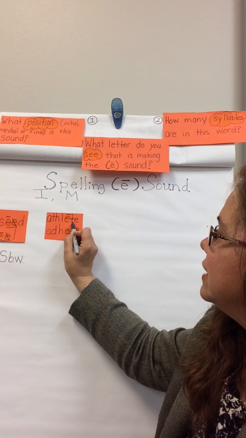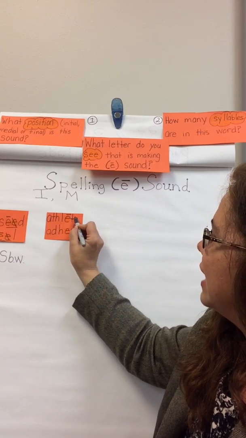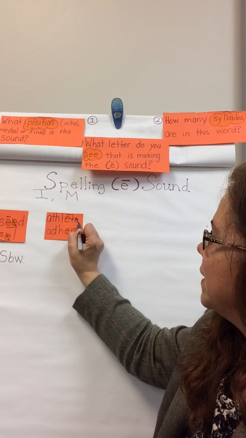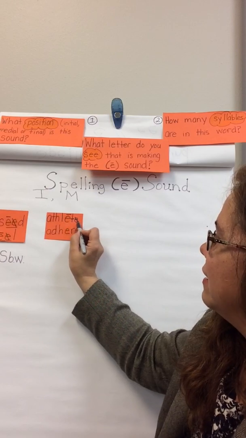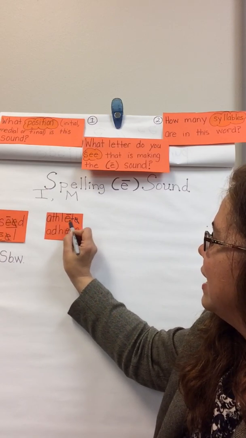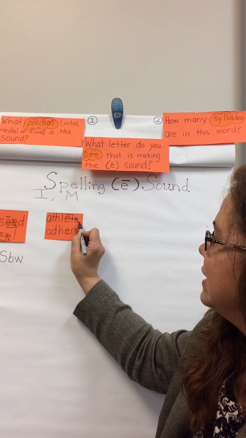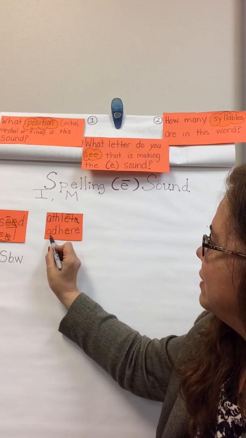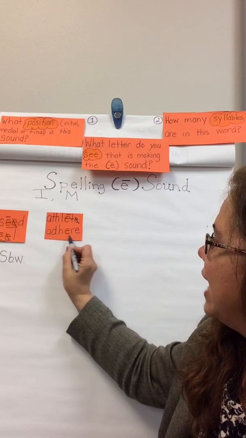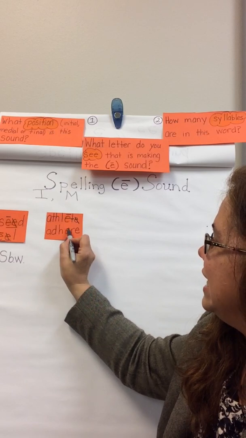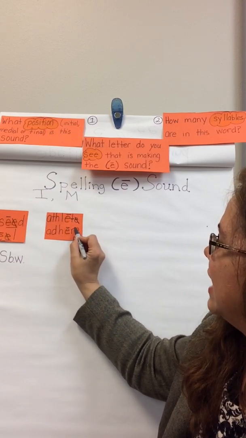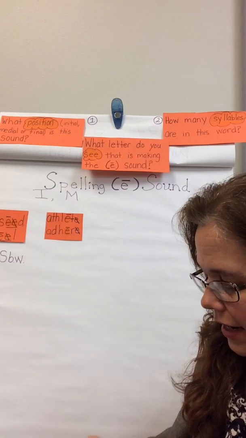We see a consonant and we see a final silent E. Vowel, consonant, E. The first vowel is long and the second one, the final E, is silent. Same situation here. Adhere. That first E is long and that second E is silent.